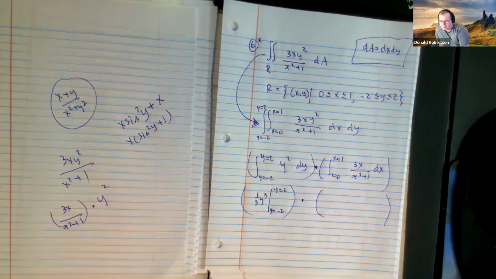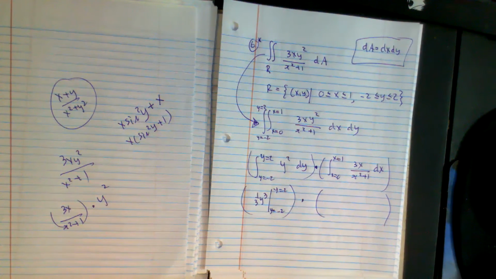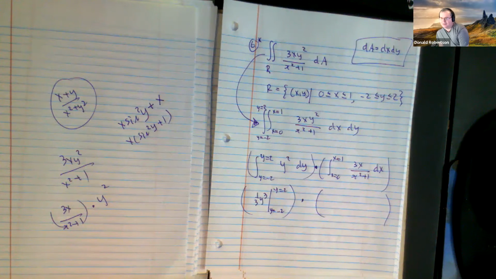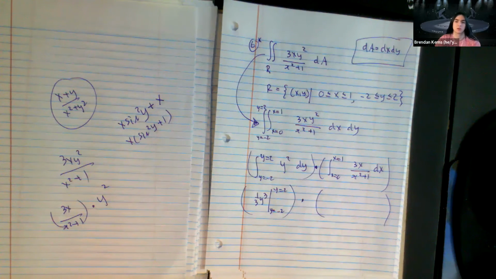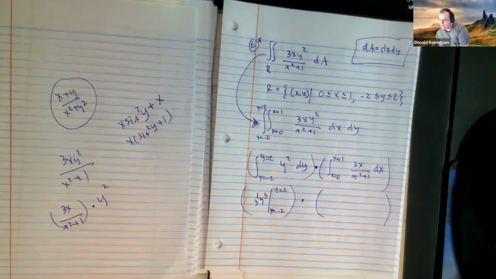You're right, it would work, but there's a much easier way than that. Could you rewrite it as 3x times x squared plus 1 to the -1? Nope. But a good idea.